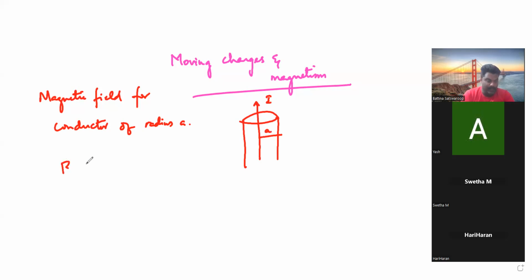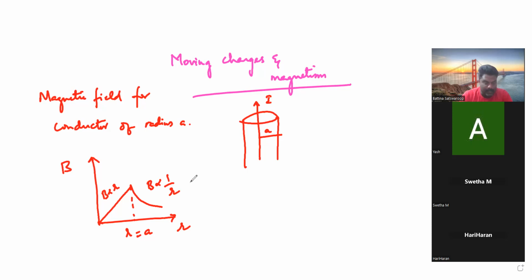So I am plotting for B and R. Until it reaches the point, it will be directly proportional. At A, it will be maximum. From there, it will be inversely proportional. Right?